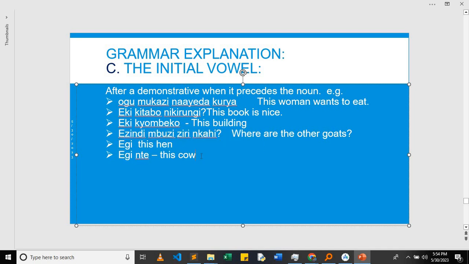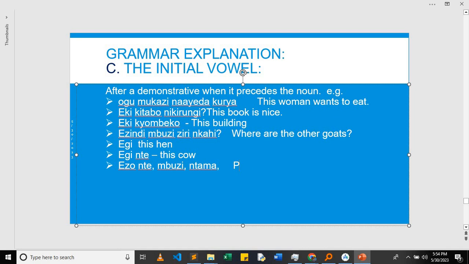Now if you want to mean many animals, then you say ezonte. That means those cows. Ezombuzi, those goats. Ezontama, those sheep. Ezombata. So ezo, this is the plural.